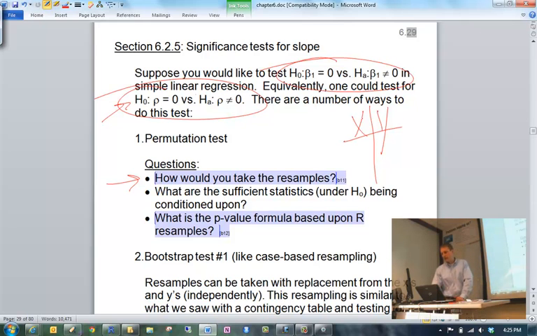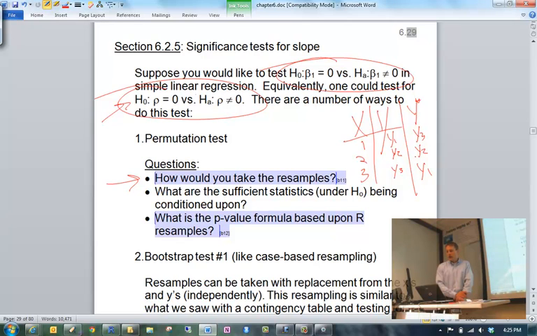Just to make sure it's clear, let's say that we have x's of 1, 2, 3, and y's of, let's say, y1, y2, y3. Now, for the permutation test, one possible resample, a y star, could be y3, y2, and y1 in that order.